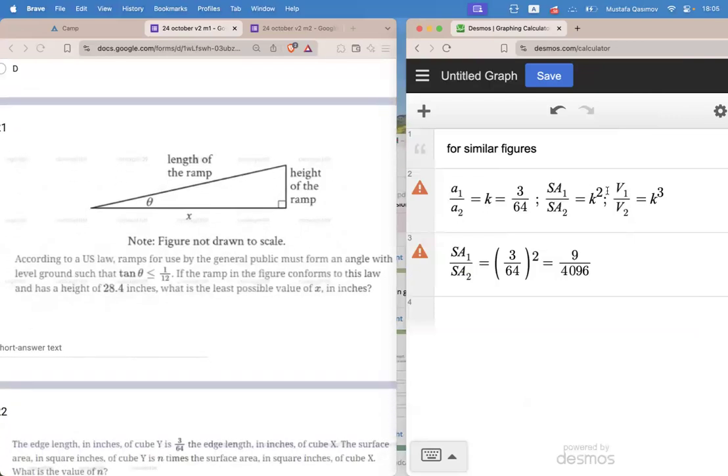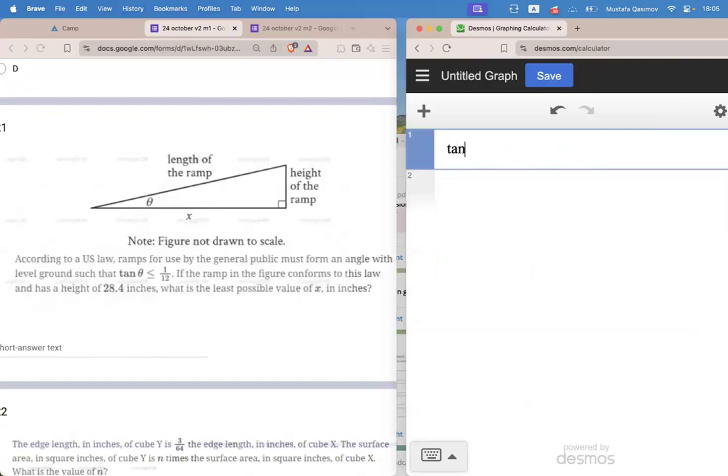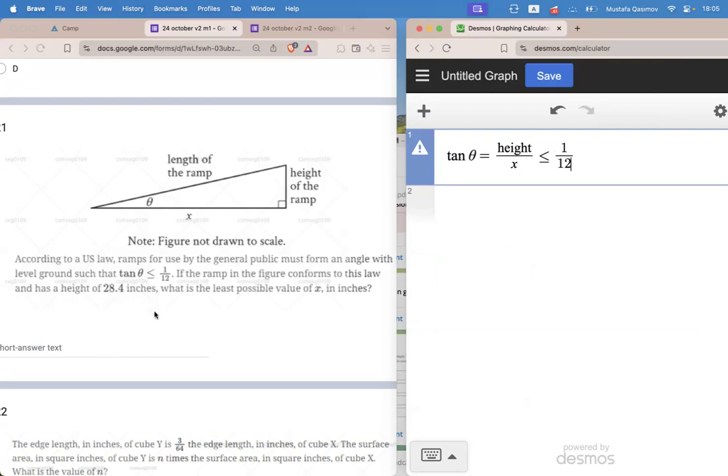So 21. For 21, we know that tangent theta is equal to height over x, and it is less than or equal to 1 over 12. It says that height is equal to 28.4. Let's take it and put it in the equation.